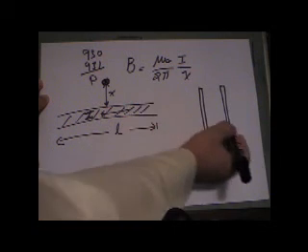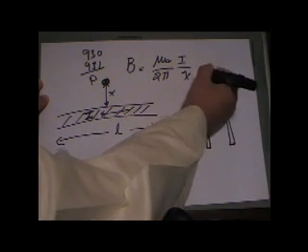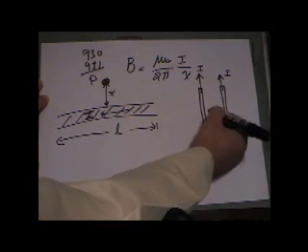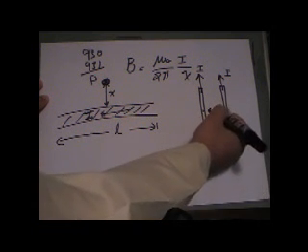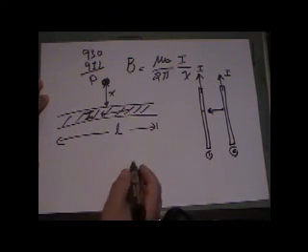So if I have a conductor carrying a current this way, I, and another conductor carrying a current this way, let me call this 1 and this 2, and I want the force due to 2 on 1. How do I do that?